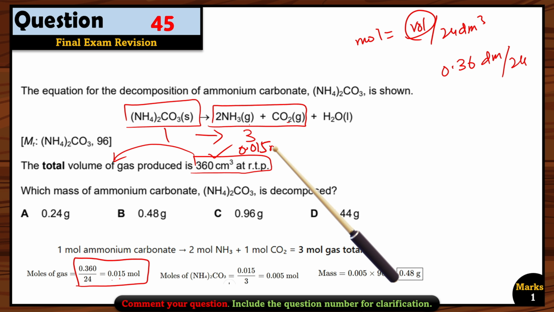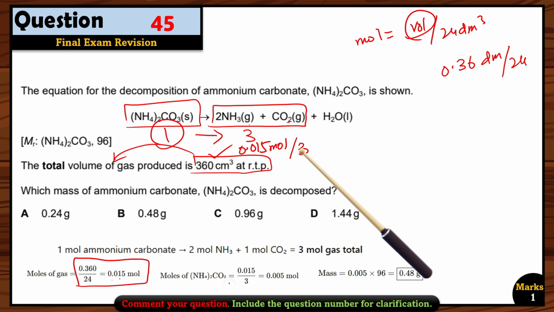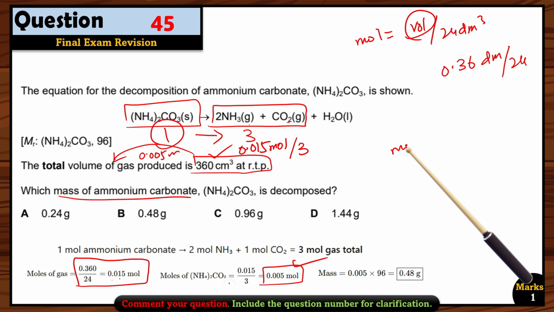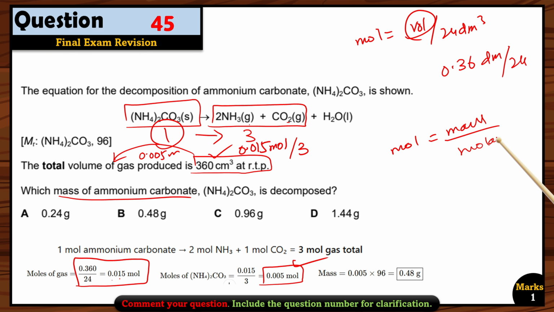0.015, now we have moles. So how many moles do we have of (NH4)2CO3? Just divide by 3. Once you divide by 3, you will see that we will use 0.005 moles of ammonium carbonate. Now we already know the moles of the ammonium carbonate. We can easily find the mass of the ammonium carbonate by using the simple formula: moles is equal to mass divided by molar mass.